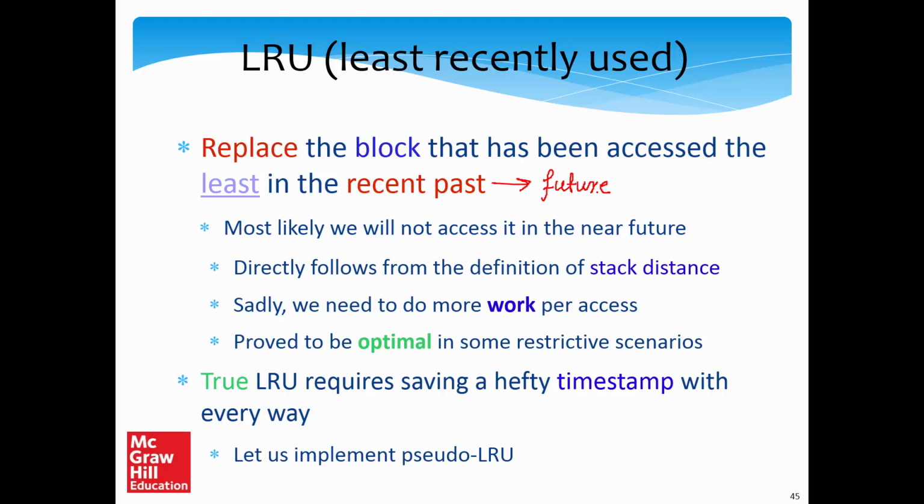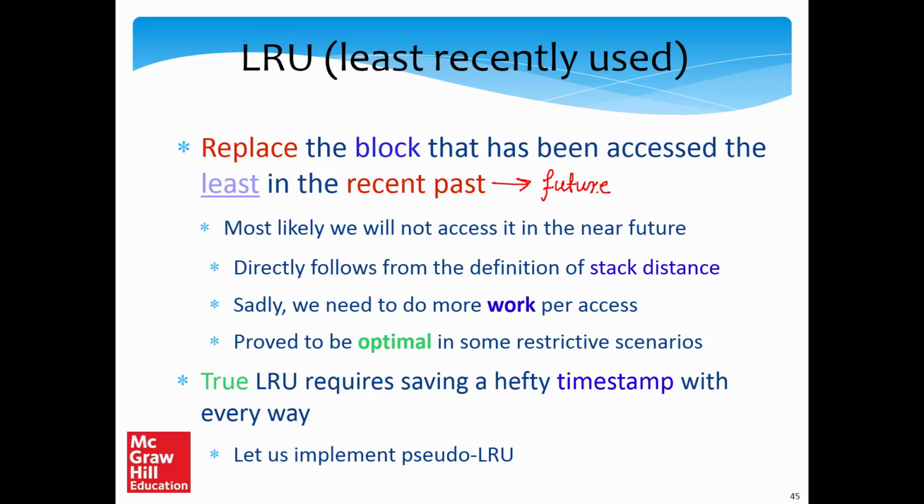So what we do now is try to find that block which, let's say, was accessed the least in the recent past, maybe in the last 100 cycles or something like that. This follows directly from the definition of stack distance. We are essentially choosing a line which is the lowest in the stack, but we can't really maintain a stack.